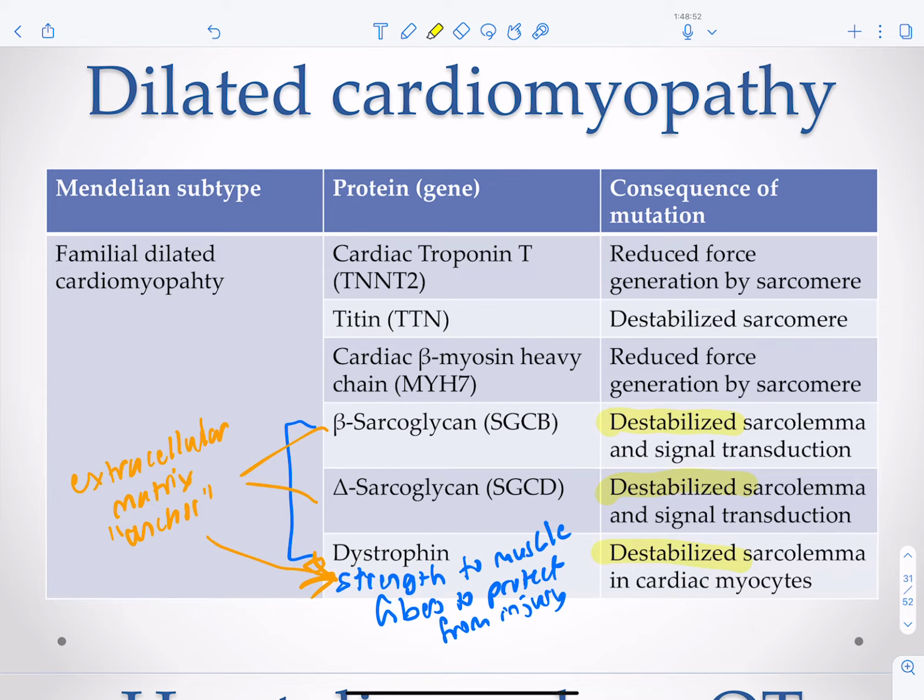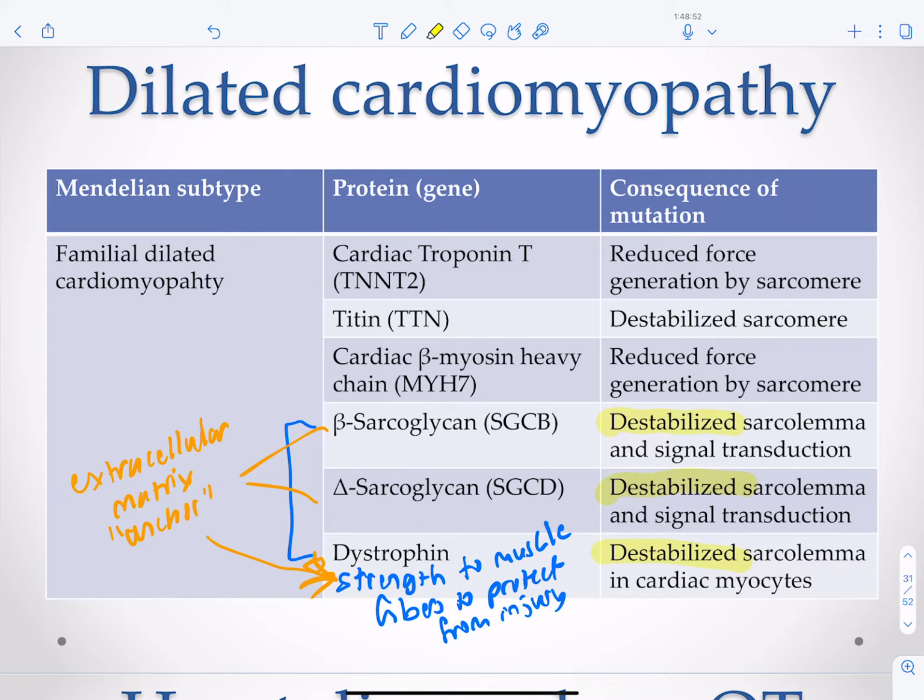So again, it has to do with anchoring. And then, of course, dystrophin, which is the largest known gene protein. It's in muscle cells, skeletal and cardiac. It's part of a complex that strengthens muscle fibers, also protecting them from injury. And it connects the muscle fiber framework to the extracellular matrix.